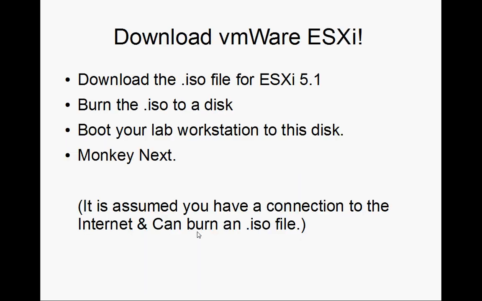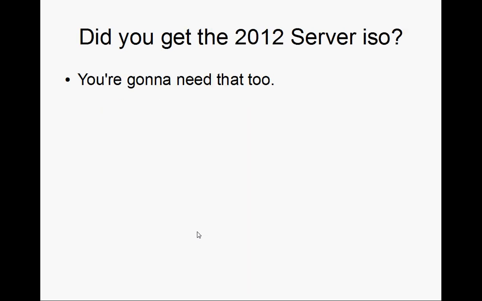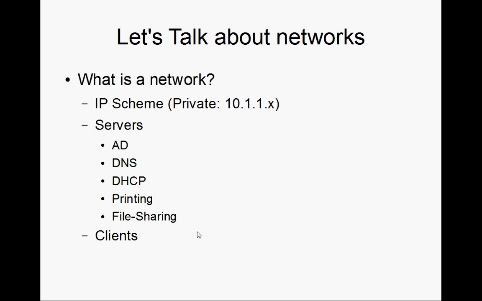And you're going to have to download VMware ESXi, which I'm assuming you can figure out how to do by going to vmware.com and signing up for a free account and getting ESXi and burning it, and ditto the 2012 server ISO. And then we can talk about networks.